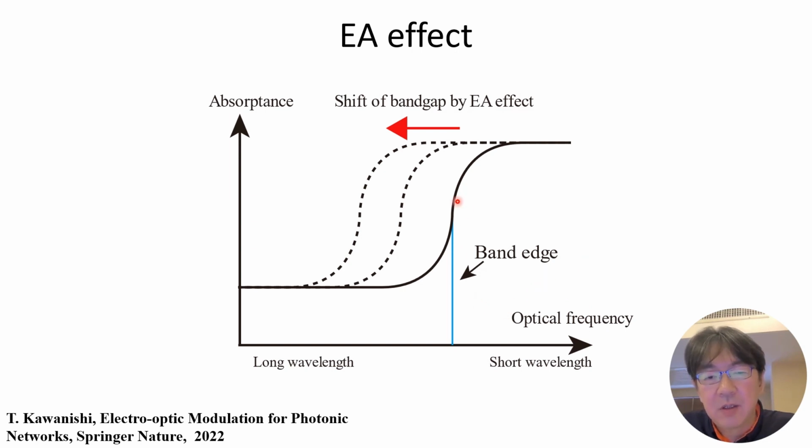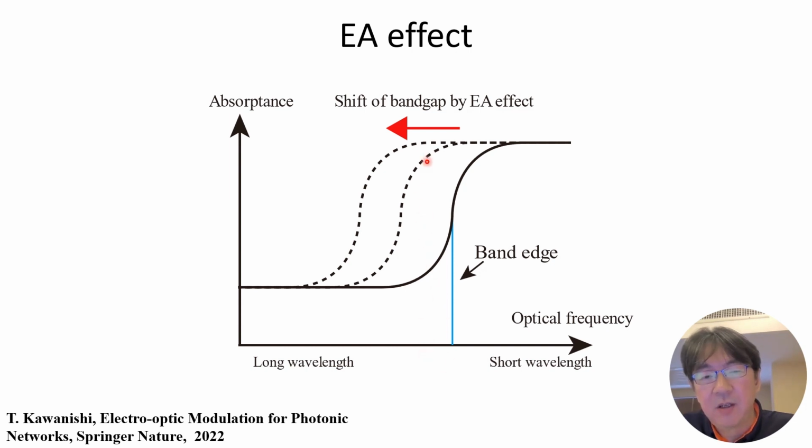So if the wavelength is shorter than the band gap, the photon will be absorbed. But in a material which has an EA effect, if we apply the voltage, the band gap will be shifted effectively.